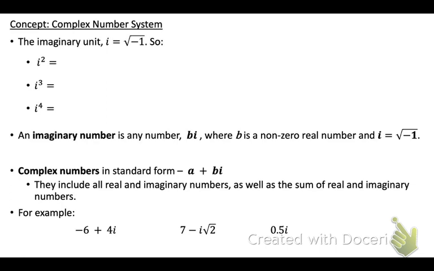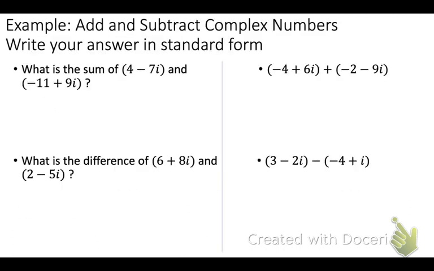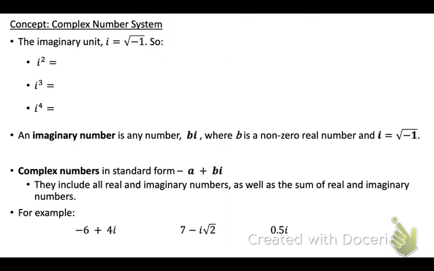Okay, so what happens if we have i squared and i cubed and i to the 852nd? Okay, so i equals the square root of negative 1. You will never have the square root of negative 1 in your answer. You will have i. Yes?